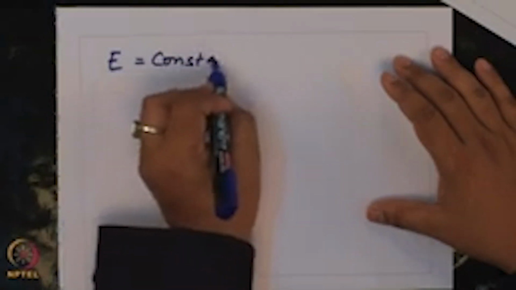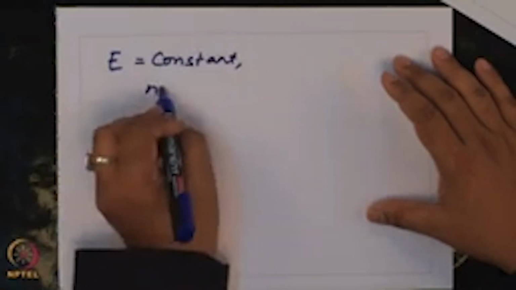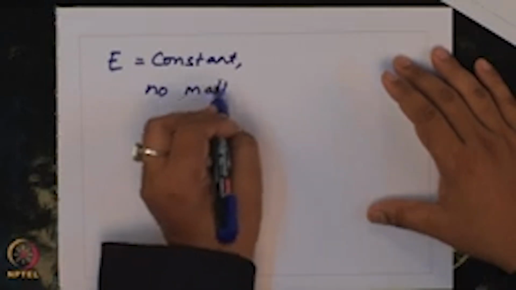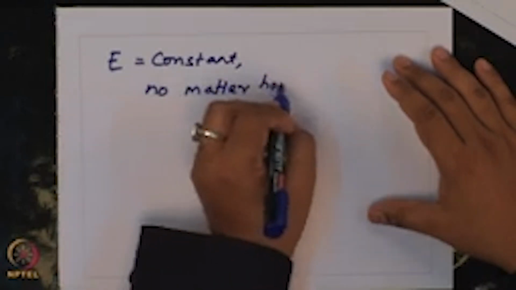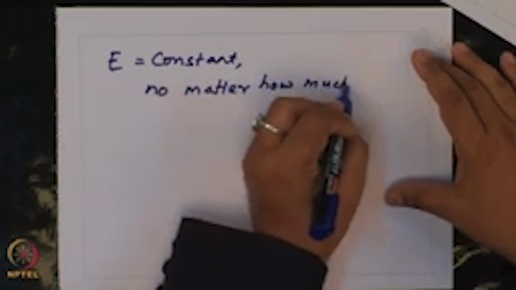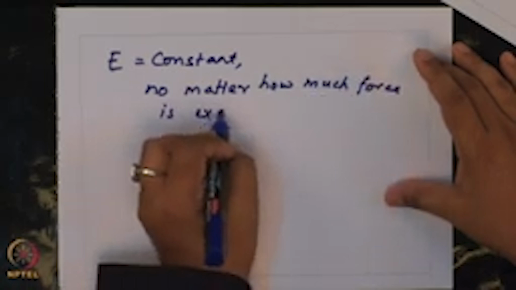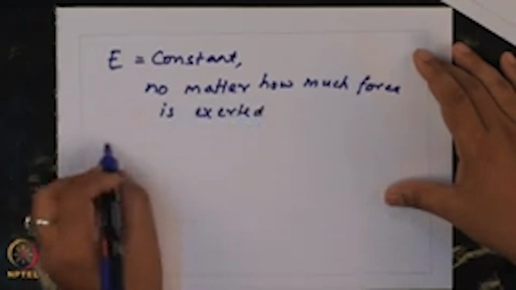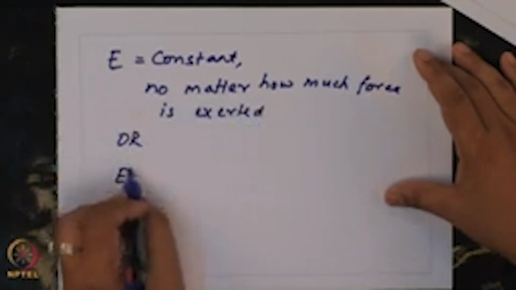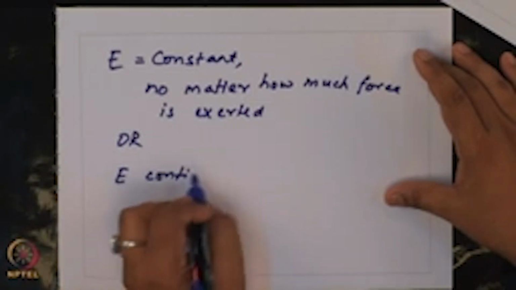Okay. Now, if you consider this Young's modulus E, you can have two situations: in which E is constant no matter how much force is exerted, or E continues to change.